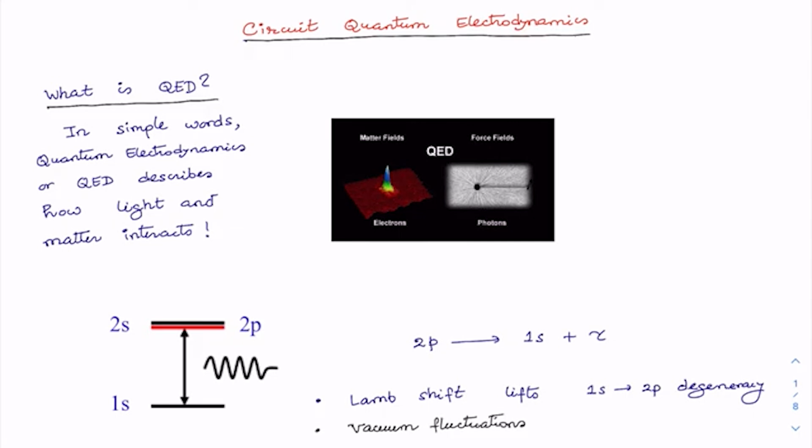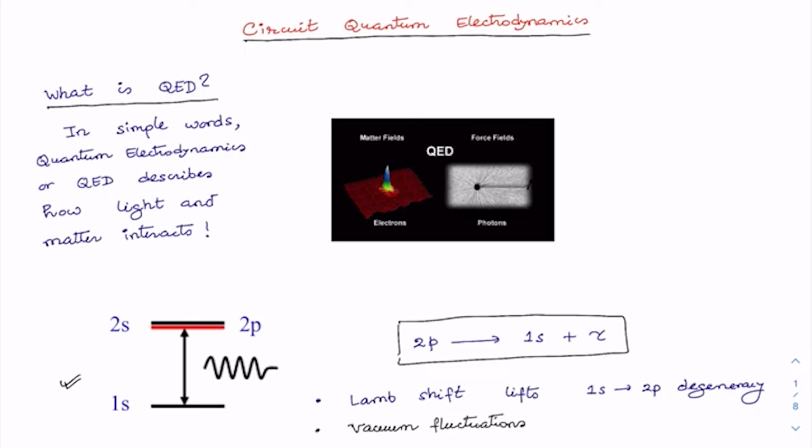Here one studies how atoms get coupled to photons, resulting in phenomena such as spontaneous decay or spontaneous emission, as depicted in this schematic here. As you can see, photons are emitted spontaneously when a transition happens from the 2s or 2p level to the 1s level, and this phenomenon is attributed to vacuum fluctuation.